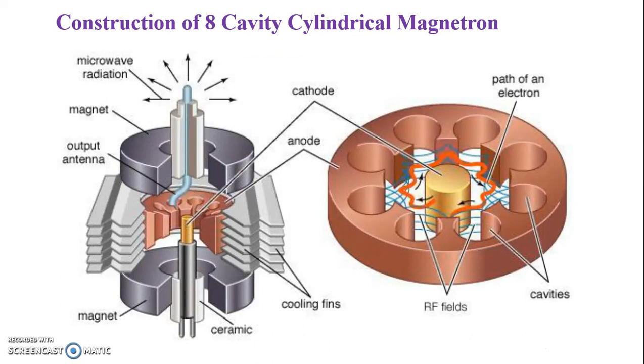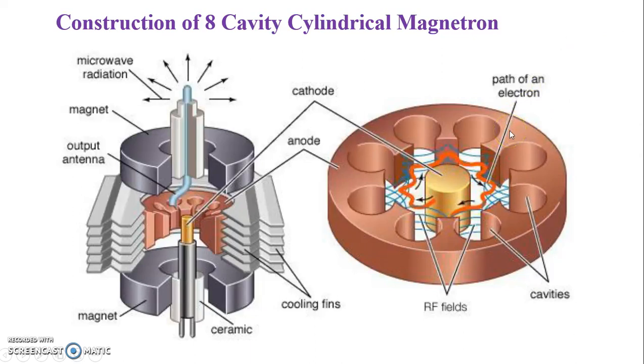This is the construction of an 8-cavity cylindrical magnetron. It is nothing but a diode, usually of cylindrical configuration, with a thick cylindrical cathode at the center and a coaxial cylindrical block of copper as an anode.